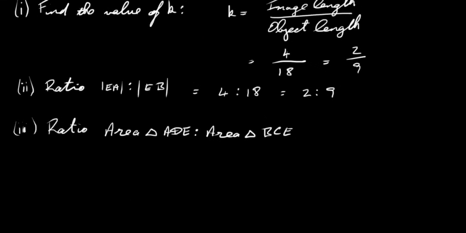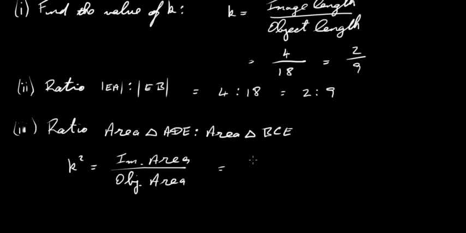So this is our image area to our object area. Now we know from our second formula that k squared is that ratio: the image area divided by the object area. So the ratio of our image area to our object area is just k squared. Our k is 2 over 9, so all we've got to do is square that, and that will give us 4 over 81. So our answer here is 4 is to 81.